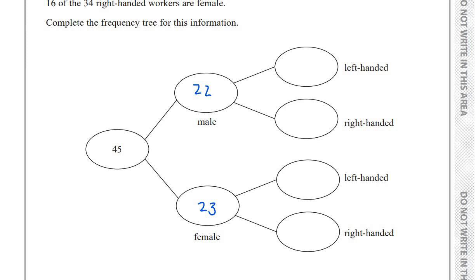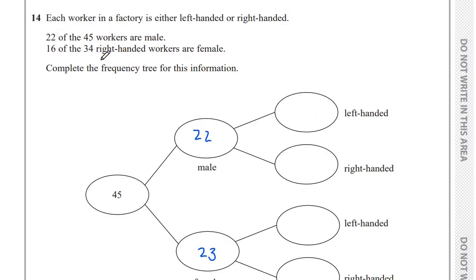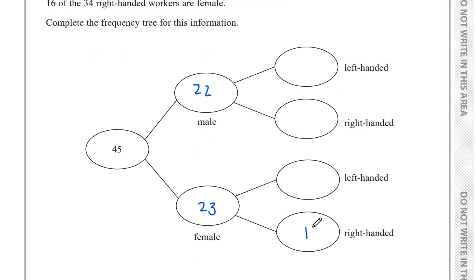And then 16 of the 34 right-handed workers are female. Okay, so 16 will be down here. And so the number of males that are right-handed, out of 34 right-handed workers, 16 of them are female.